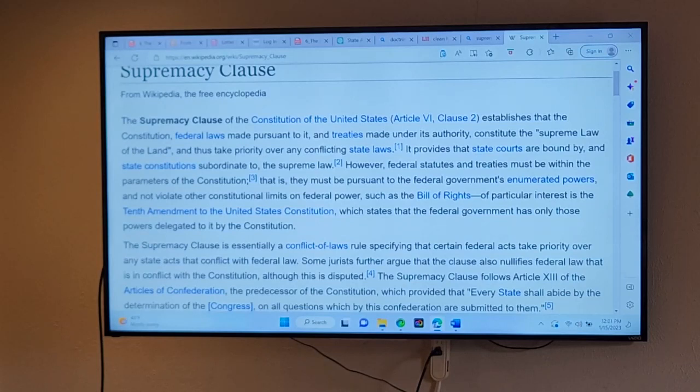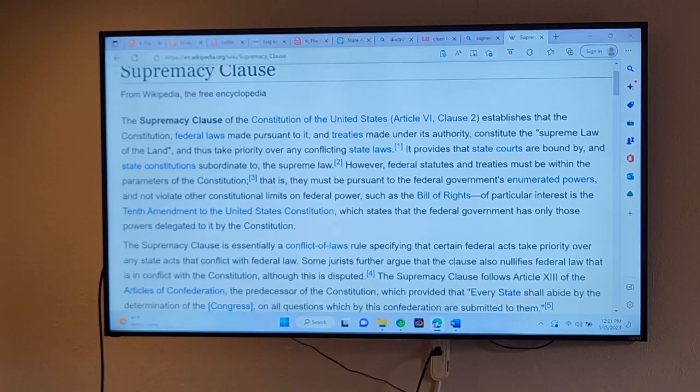It provides that state courts are bound by and state constitutions subordinate to the supreme law. However, federal statutes and treaties must be within the parameters of the Constitution. That is, they must be pursuant to the federal government's enumerated powers and not violate other constitutional limits on federal power, such as the Bill of Rights.